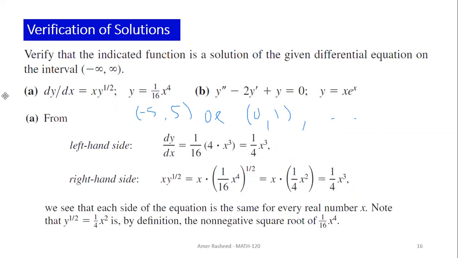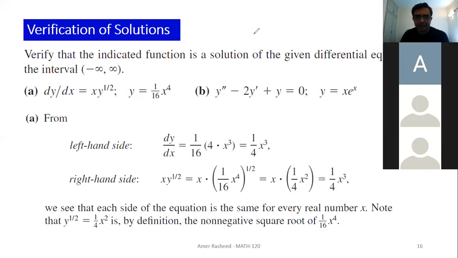So a solution can exist for a differential equation if this function satisfies this differential equation, and that solution should be valid on some interval. But this solution is valid on the whole set of real numbers, which is -infinity to +infinity. I hope you got what is the solution of a differential equation.